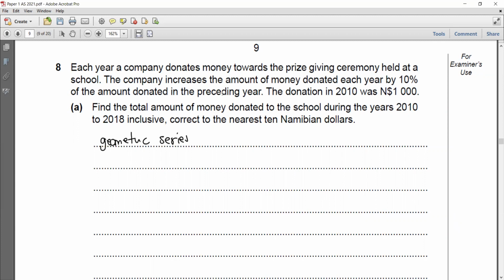Now here you recognize that this is geometric because, maybe the first 2 or 3 years, in 2010, they got 1,000.